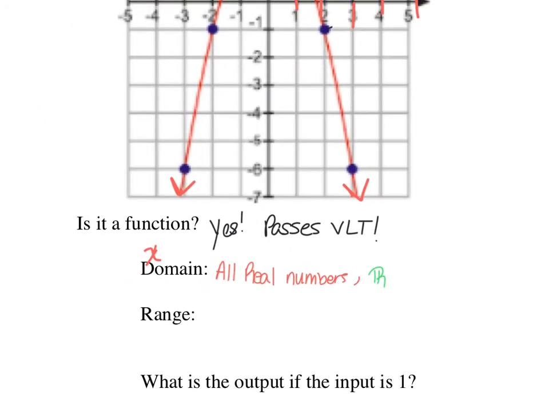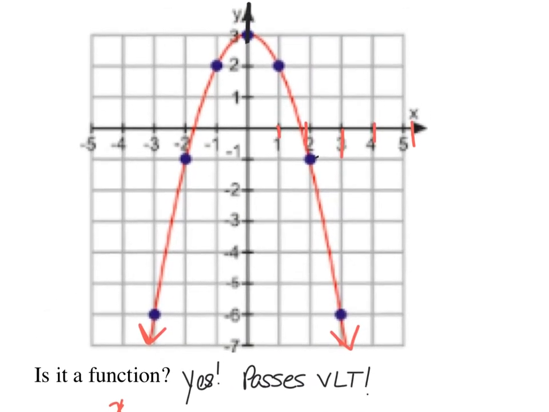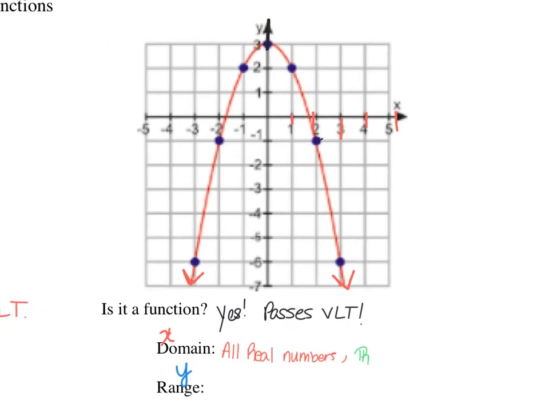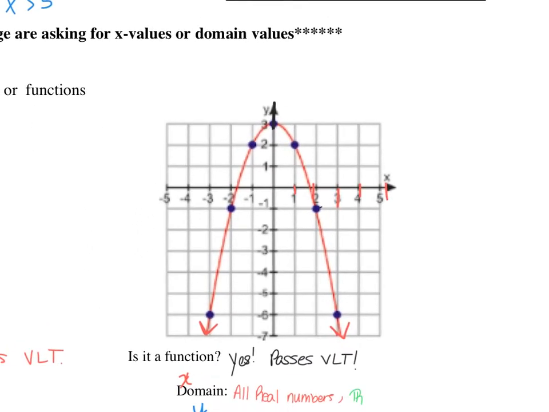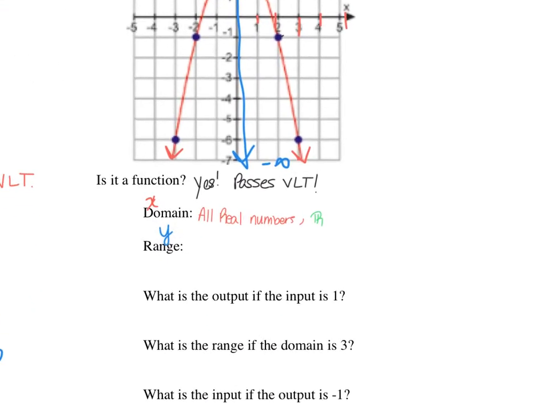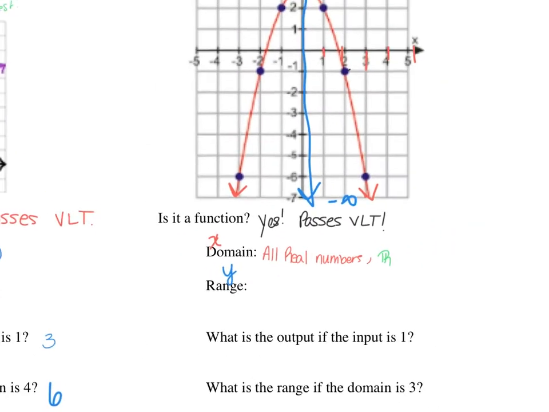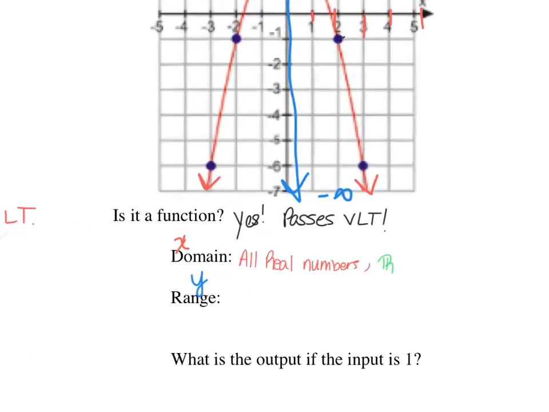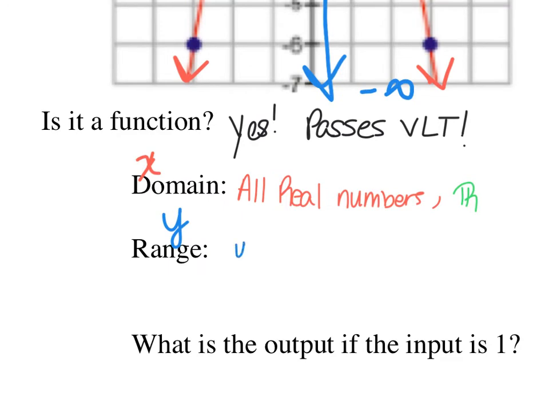Your range now. I now want to find the range. I'll do my range in blue. The range are your y values, so I want to see how high to how low. Well, my highest is 3, and I'm going all the way down into negative infinity. So I can say about my range, if my highest is 3 and it's including a 3, my range is y is less than or equal to 3.